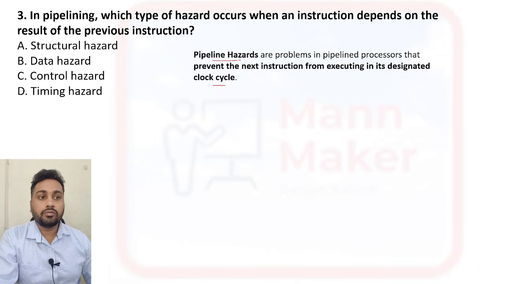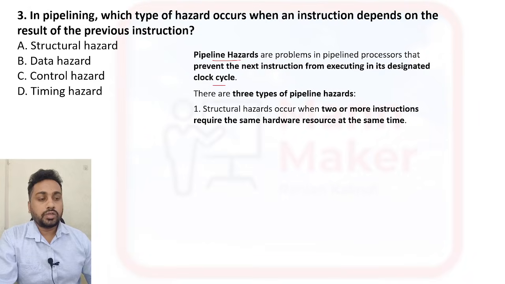In a pipeline we have three types of hazards. First is the structural hazard, which occurs when two or more instructions require the same hardware resource at the same time.